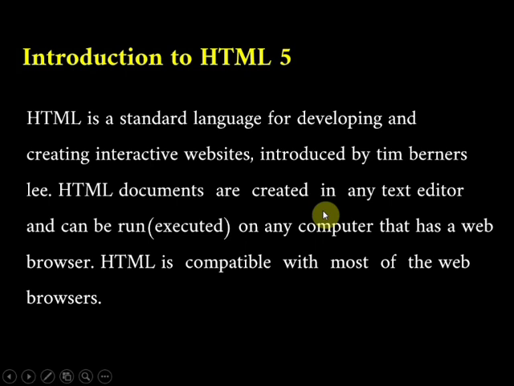For example, Notepad, and it can be run or executed on any computer that has a web browser. Once you finish writing the code in Notepad, you can save this file with the extension .html. Whenever you save the HTML code, you have to give the extension .html to that file.